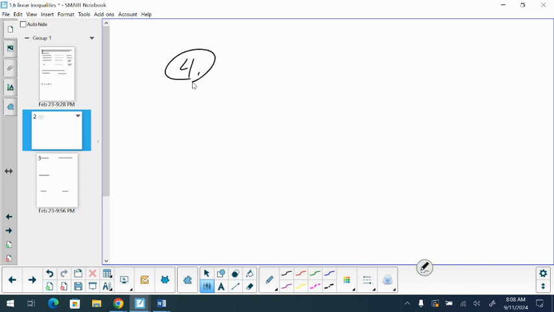Number 4, we have x over x minus 3 plus 3 over x plus 3 is equal to 6x. Now what I'm going to do is I have x squared minus 9, and I'm going to need to factor this down, so I'm going to factor this as a difference of perfect squares, x plus 3, x minus 3.